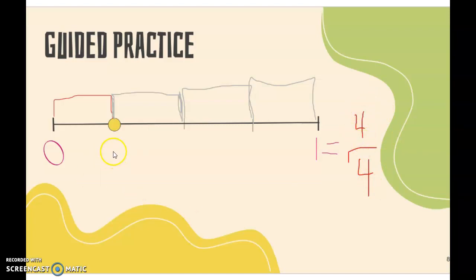So I'm going to go back and label my tick marks. I have 1/4, 2/4, and 3/4. Remember, this is my midpoint, my halfway marker, and 1/2 is equivalent to 2/4.